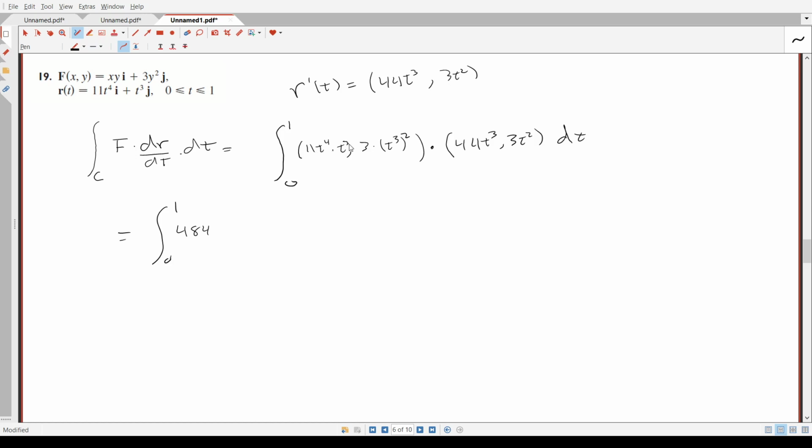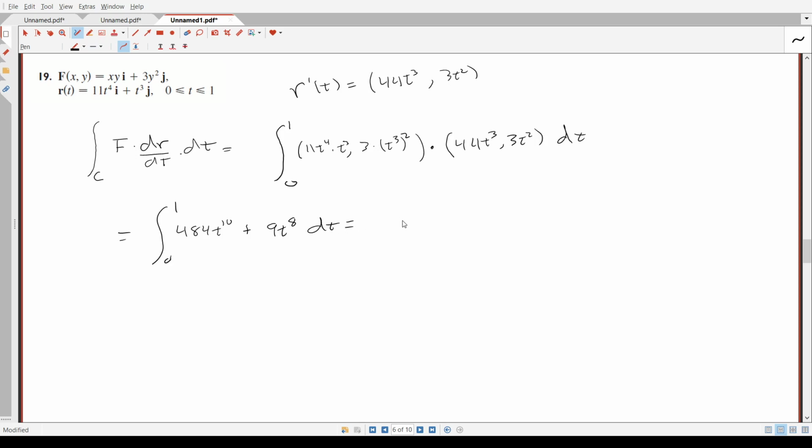So that's t to the 10. Right, t to the 4th times t cubed is t to the 7, times t cubed, which is t to the 10. Plus 9 times t to the 6th times t to the 8th, dt.